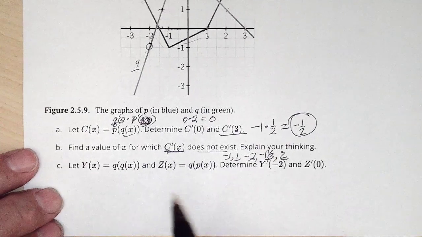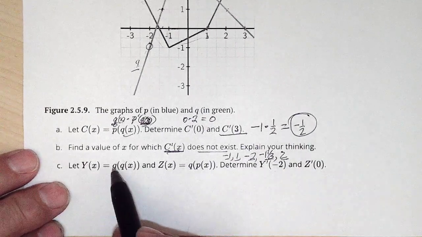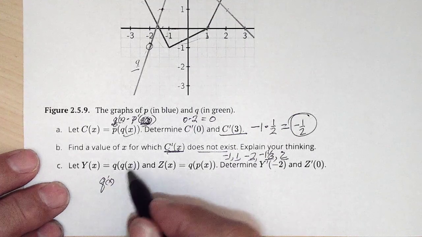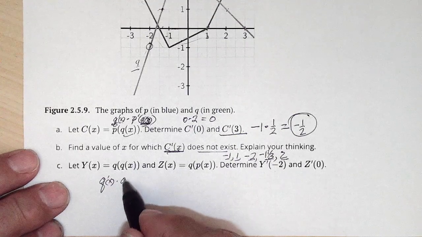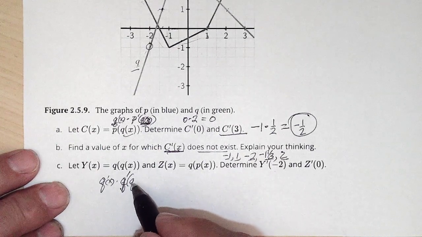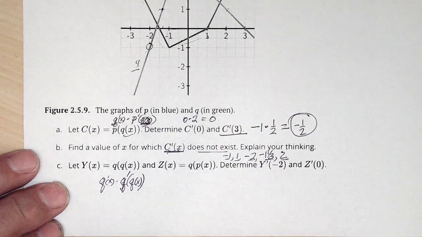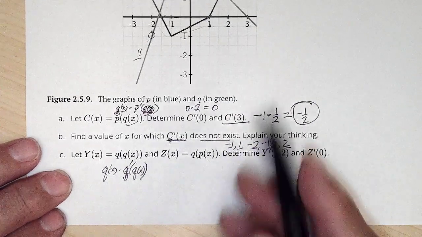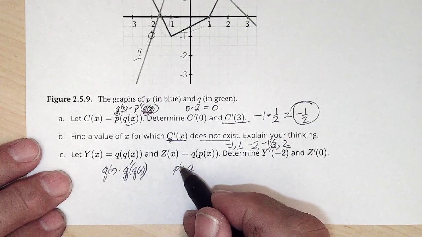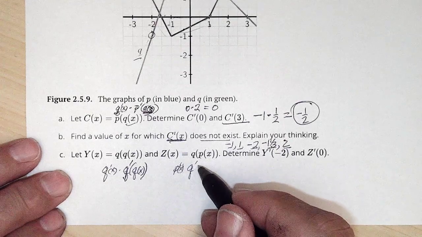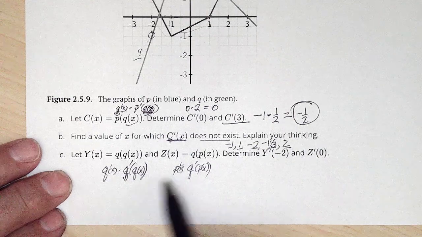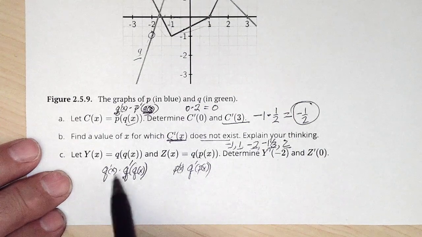And now, finally, Q of x, so that's going to be Q prime of x, that's the derivative of the inside, times Q prime of Q of x. And this one's going to be P prime of x times Q prime of P of x. So we're supposed to do this one at negative 2.